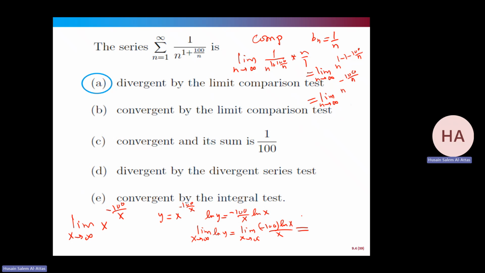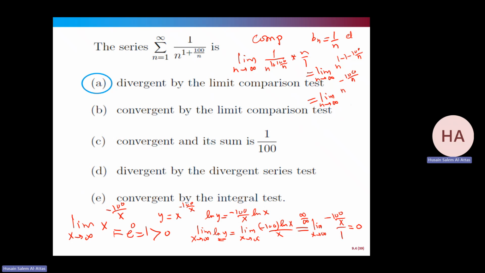That is infinity over infinity, so do the derivative. That will be minus 100 over x over 1, which gives me 0. That's the limit of ln y. So the limit of this will be e to the power 0, which is 1, positive.